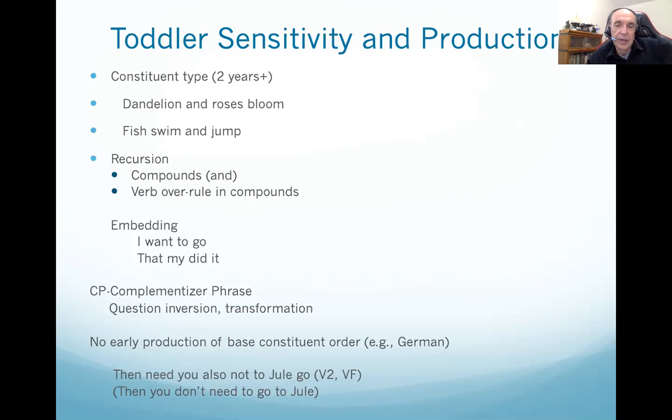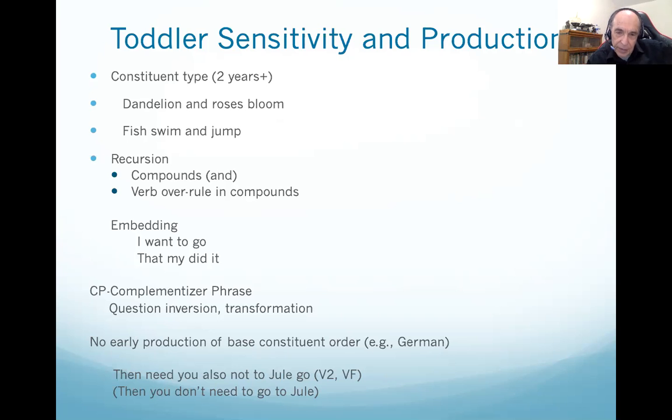So, for example, in English, again in the complex sentence, the cat walked up the stairs and the dog walked down the stairs. You have subject, cat, verb, walked, predicate, stairs, complement. The dog walked up the stairs. The cat walked down the stairs.